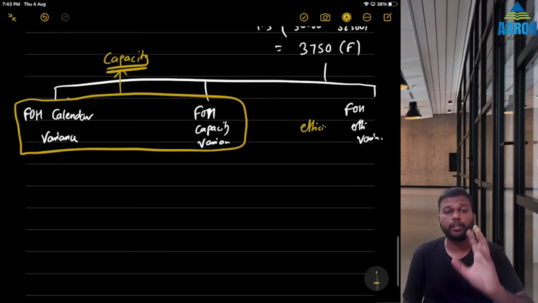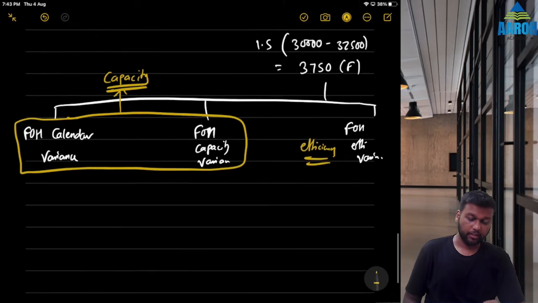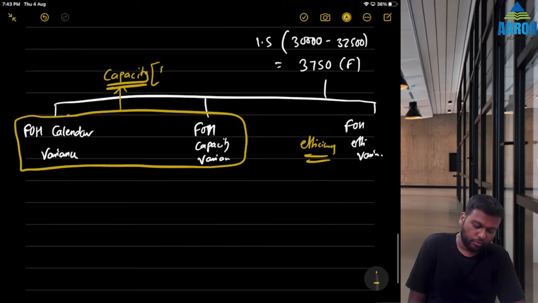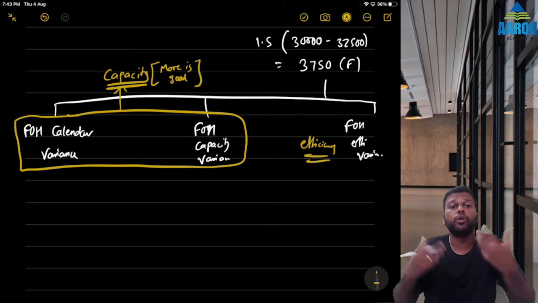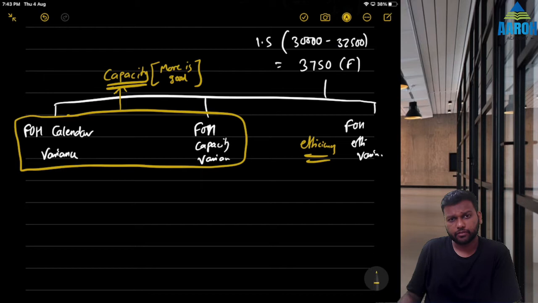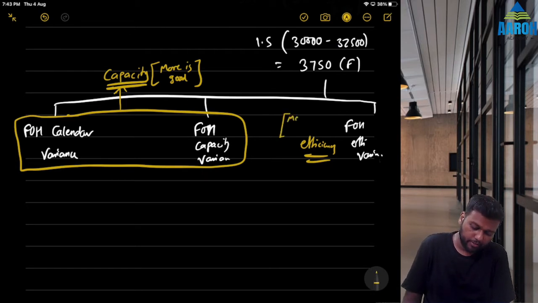Why is this important? Understand. Again, capacity, more is good, right? If you use more capacity, more hours, then that is good. But if you use more hours, then that is bad for efficiency.